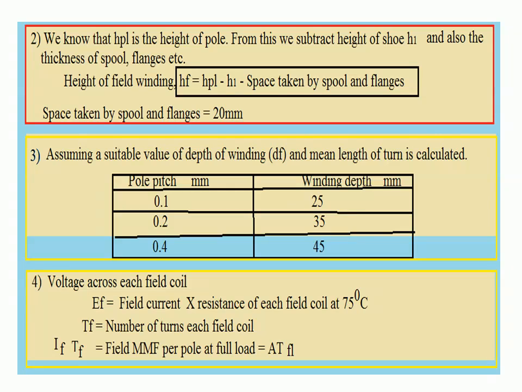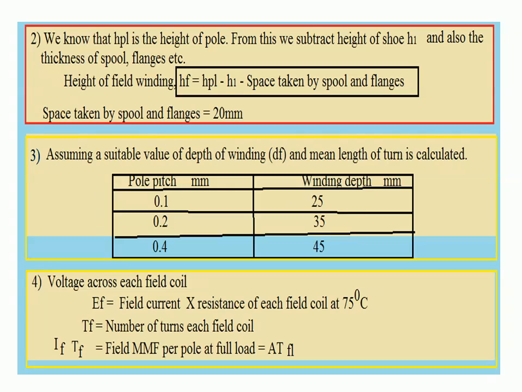Therefore, the height of the field winding HF equals the height of the pole HPL minus H1, the height considered for the pole shoe, minus the space taken for spool and flanges. So you have to remember that the height of the pole is greater than the height of the field winding. As a general consideration, the space taken by the spool and flanges is 20 mm.